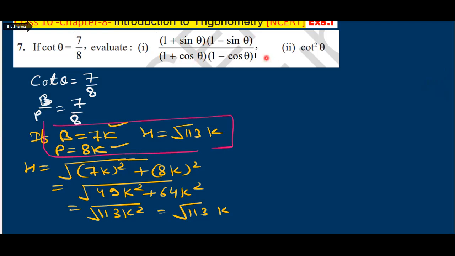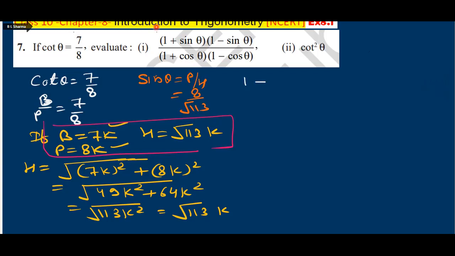Now (1 plus sin theta) into (1 minus sin theta) upon (1 plus cos theta) into (1 minus cos theta). First we calculate the value of sin theta. We know sin theta is perpendicular upon hypotenuse, that is 8 upon square root of 113.